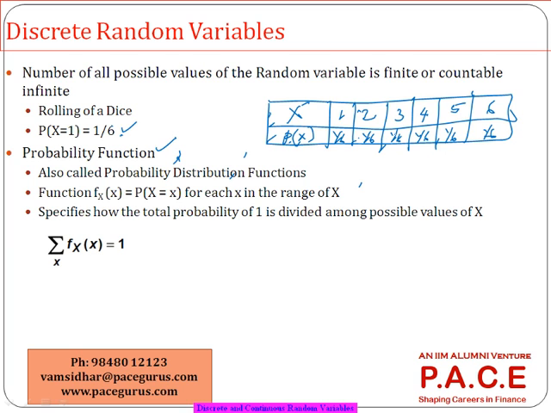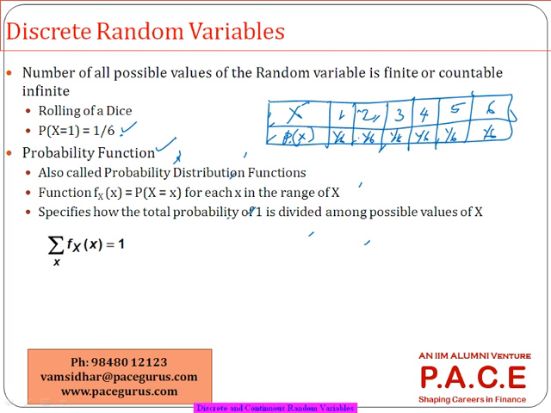If I make a table like this, wherein I am considering all the possible outcomes that can come up, along with their corresponding probabilities, that is what we are calling the probability distribution function, or a probability function in short. So probably people will write the same thing like this.